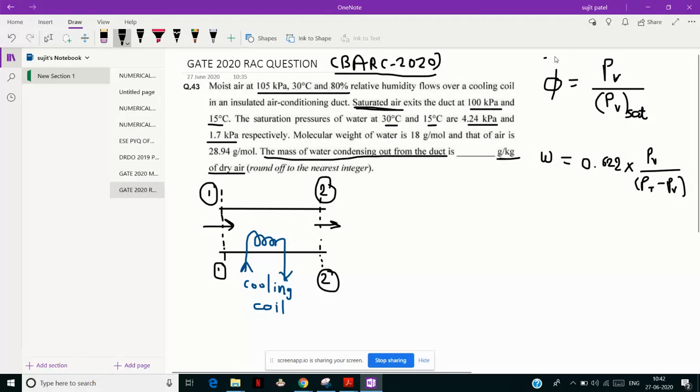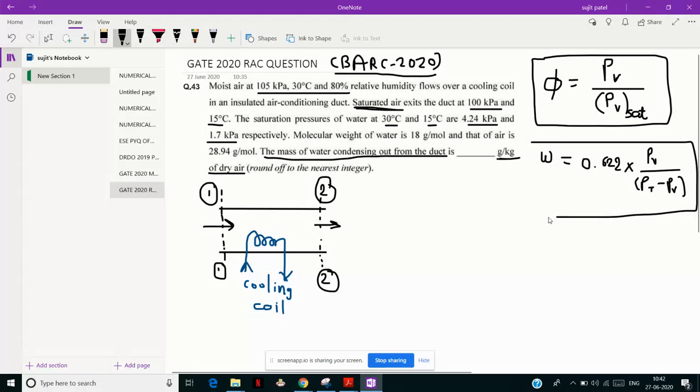One is this formula for relative humidity: phi is equal to the partial pressure of water vapor at that condition over the saturation pressure at that condition. And this is the equation for specific humidity: 0.622 times the partial pressure of water vapor upon the total pressure of air minus the partial pressure of water vapor.